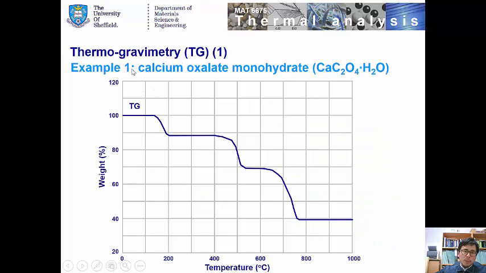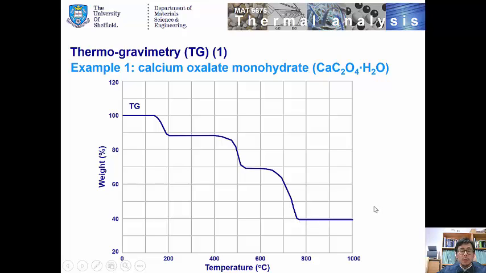Right. This is a typical example of TG data. This is calcium oxalate monohydrate. If you read any typical books explaining this technique, this is the example people tend to use, because as you can see, it shows very clear events at different temperatures.